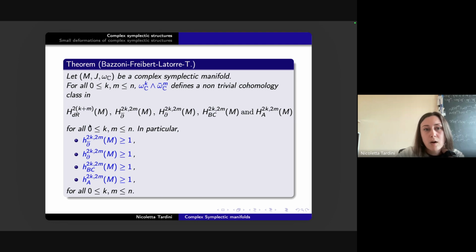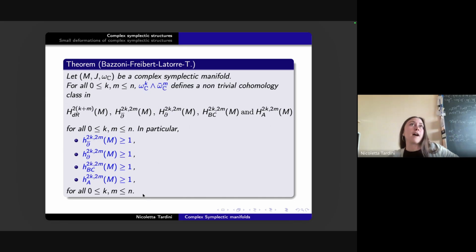Of course, in the de Rham cohomology of total degree 2 times k plus m, but then also in the Dolbeault cohomology, in its conjugate, in the Bott-Chern cohomology and the Aeppli cohomology, okay? So essentially, if you have a complex symplectic manifold, the dimensions of all these cohomology groups in, let's say, bidegree 2k, 2m is at least 1, okay? You always have a non-trivial representative in a cohomology class, okay? So they are at least 1.